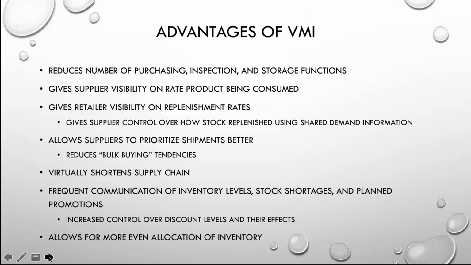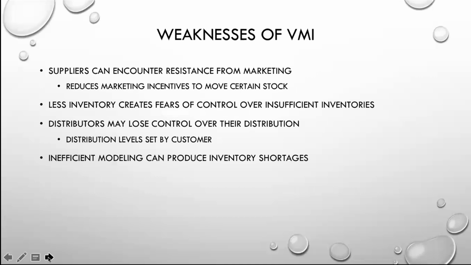VMI is more effective the more people play on the same page, which leads us to the weaknesses of a VMI. Once again, this is very important. What happens is VMI stresses the relationships between entities within a VMI based upon how aggressively a VMI is used.